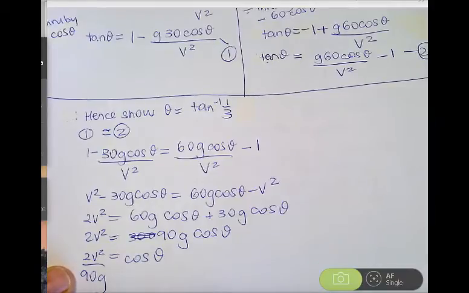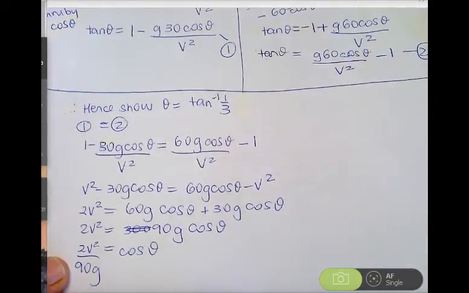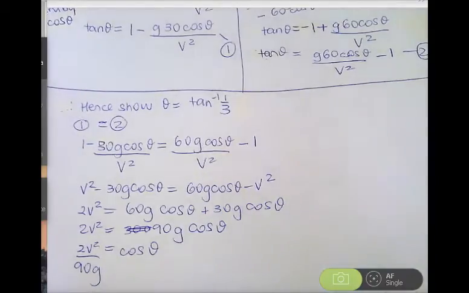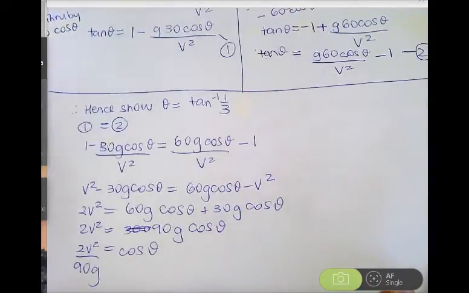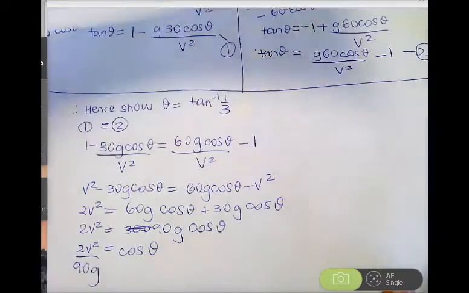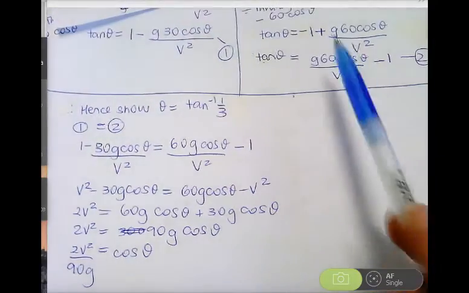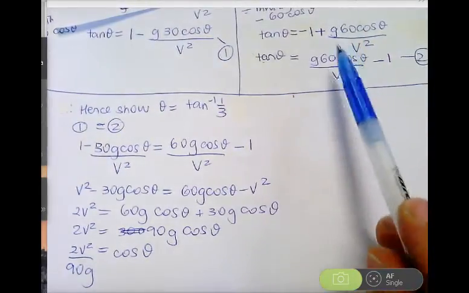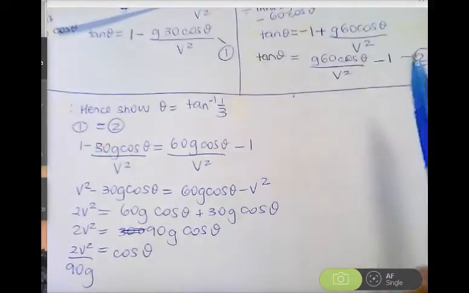Tan theta is a third from that. That is just not going to work. Unless we've got some expression somewhere for v squared. Our other option was to make cos theta the subject, and we were toying with that, but we decided not to.